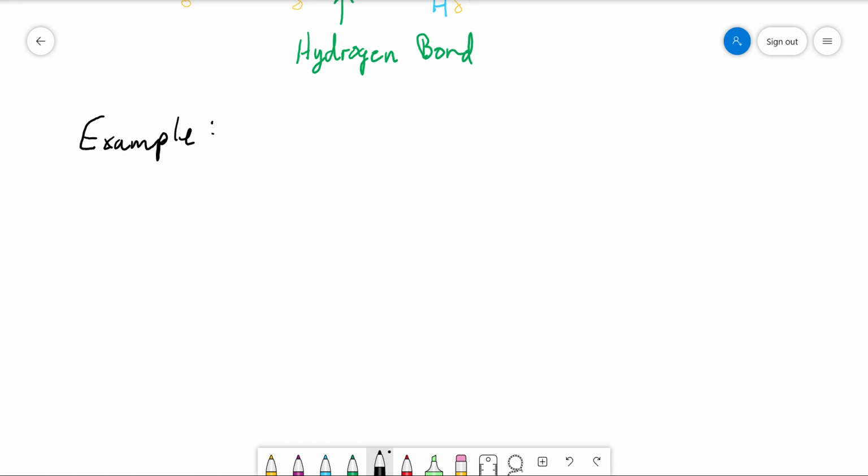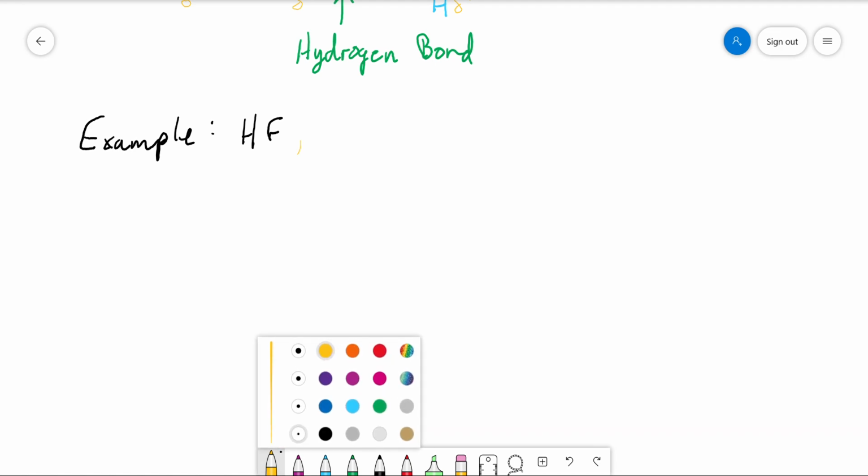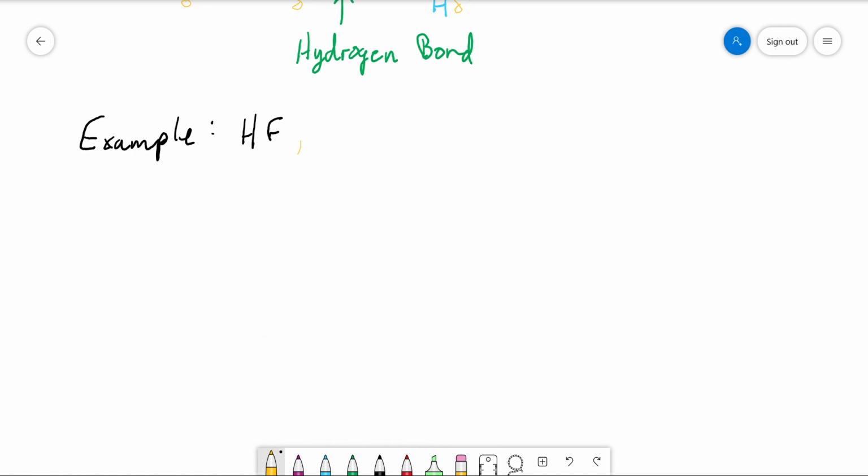Both fluorine and hydrogen only want one bond. Once they form one bond, they won't bond to anything else. So the only molecule with an FH bond in it is HF. That's the only time you're going to see that FH. So everything else, you are looking for an NH or an OH.